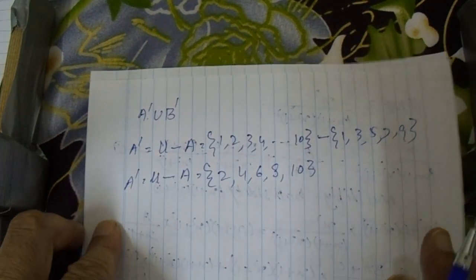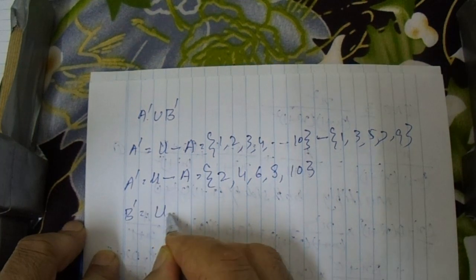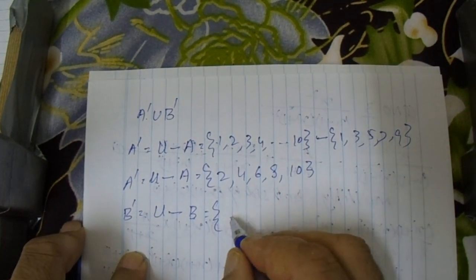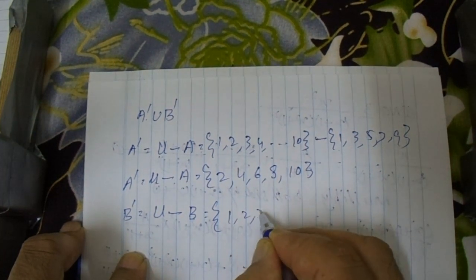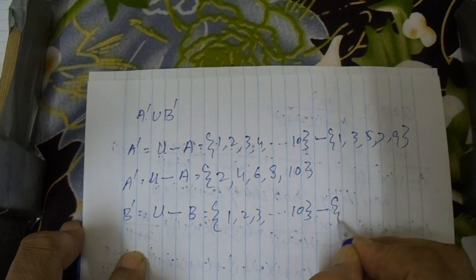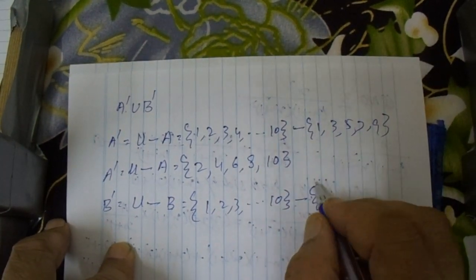Now we find B complement. B complement means the universal set minus the B set. Now the universal set is 1, 2, 3 and goes to 10, and minus B, and our B set is 2, 3, 5, 7.